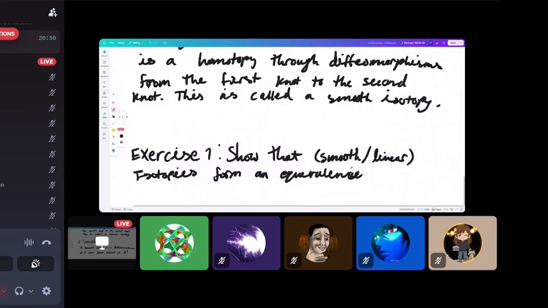Okay, I'm going to leave that as an exercise, but it's a pretty easy exercise to prove.